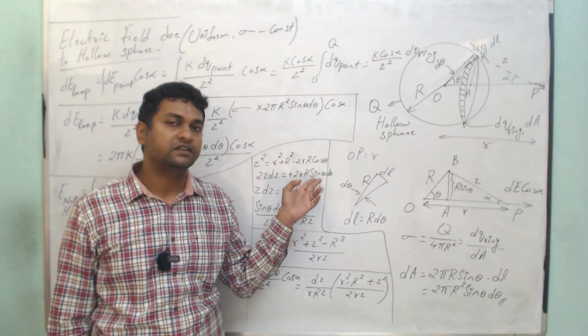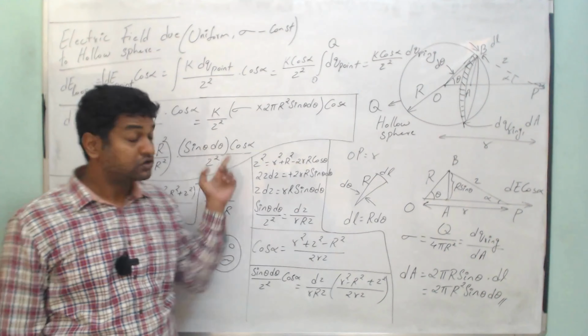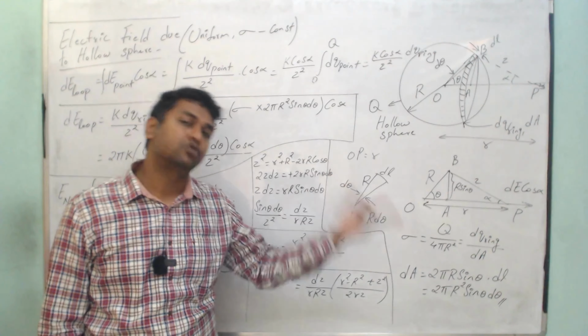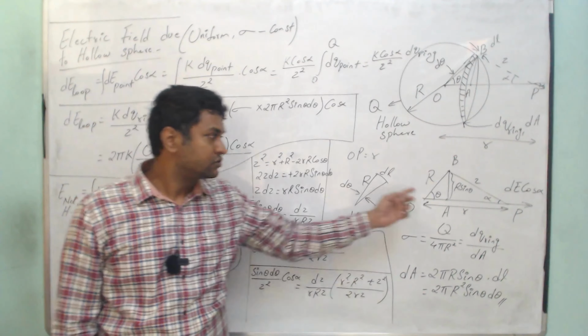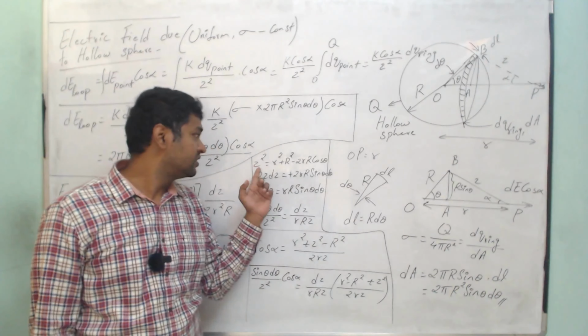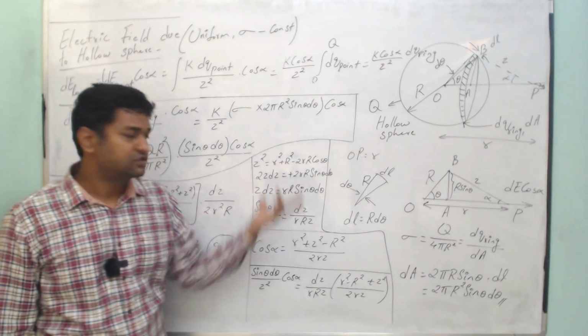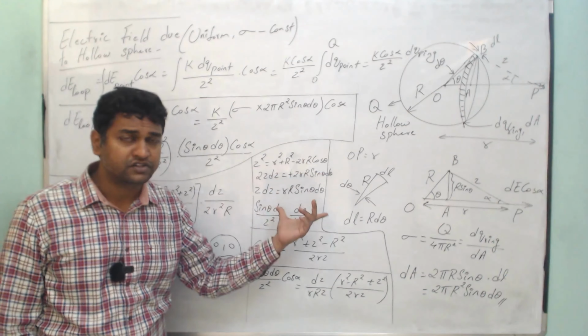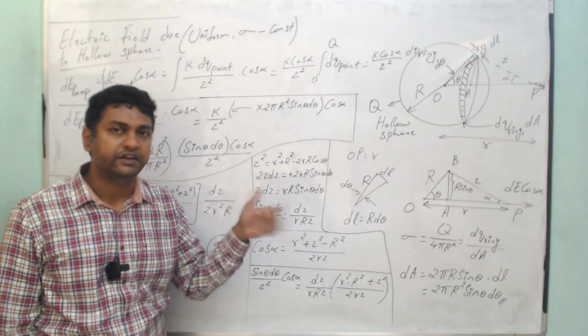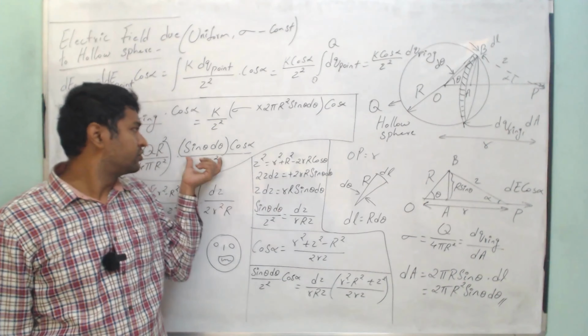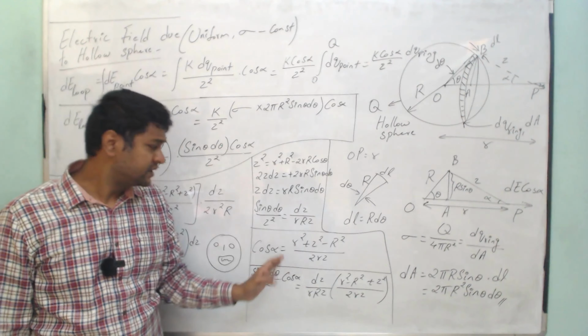Also in the z and theta story, I told you if I want sine theta d theta, I am interested in cos theta. So my cosine rule will give me Z square is equal to R square plus r square minus 2Rr cos theta, which eventually once substituted and differentiated, I'll get sin theta d theta. Great. But I want to get it in terms of sin theta d theta by Z square.